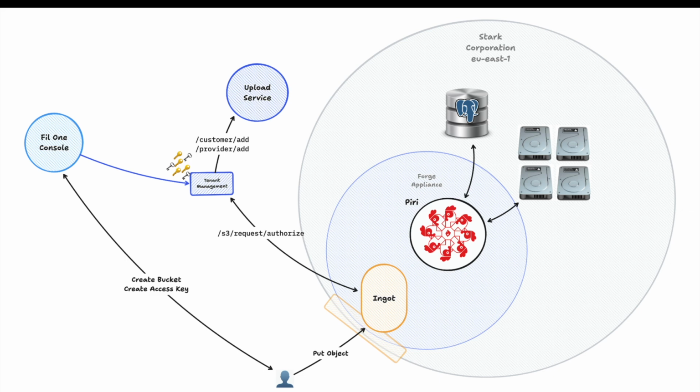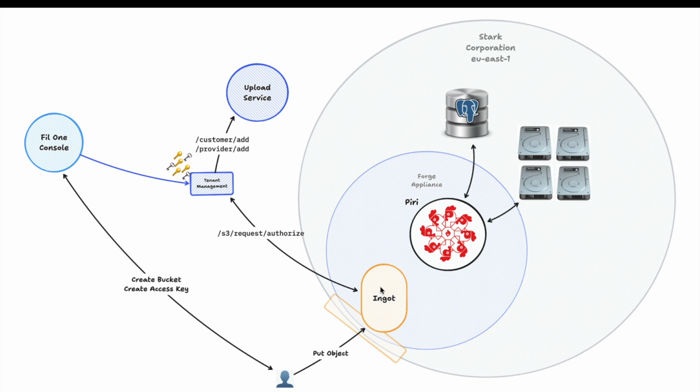UCAN delegations are just signed certificates that say that can be used by Ingot to operate in the Forge network, to write to it and read from it. And then that's kind of it. From then on, Ingot just acts like a regular Forge client.